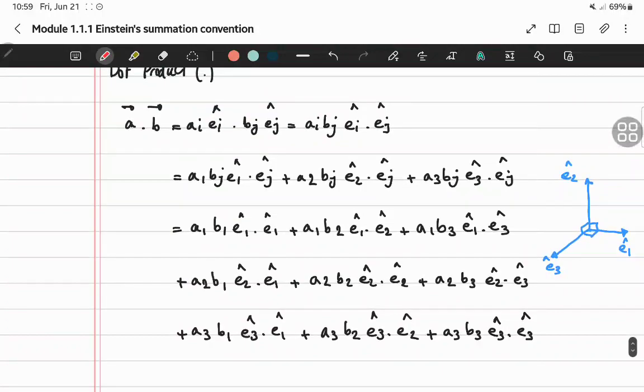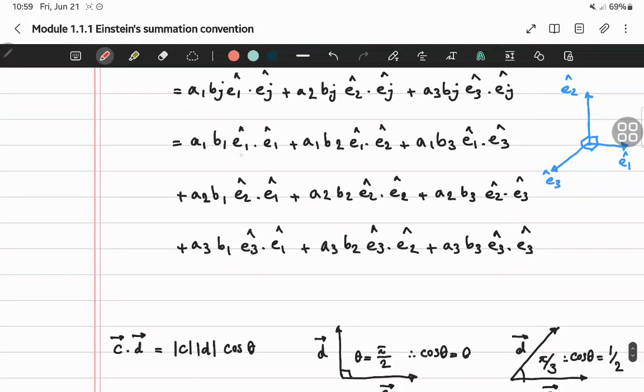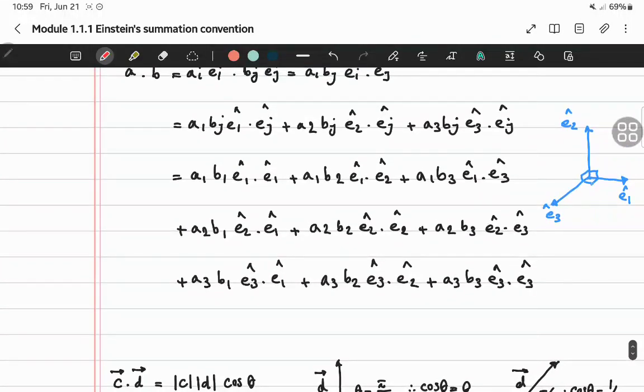So from here, e_1 dot e_1: this is e_1 from A, for example, and this is e_1 from B. The angle theta is basically 0, and the cosine of 0 is 1. Therefore, this is going to be 1.